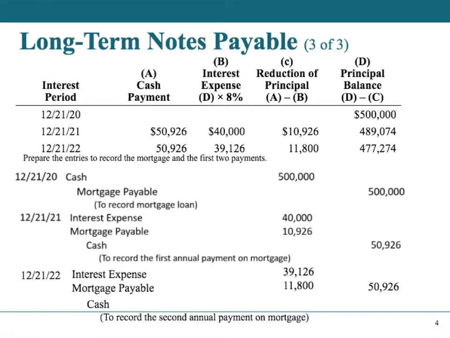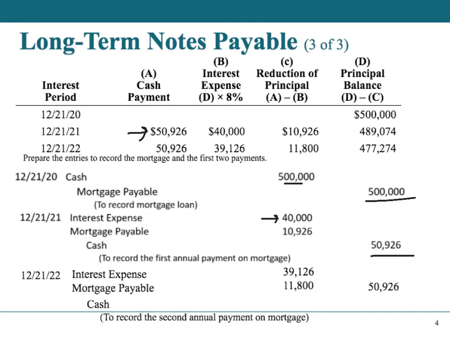For the first year when we borrowed, the journal entry will be very much the same as you did for notes payable or bonds payable. We debited cash for 500,000 and we credited the mortgage payable. Then in a year, we make the first cash payment of $50,926, so we credited cash. The interest expense is $40,000.